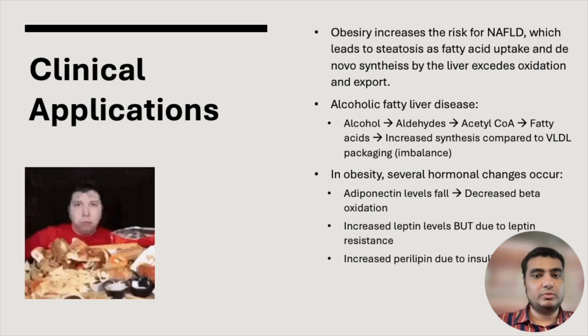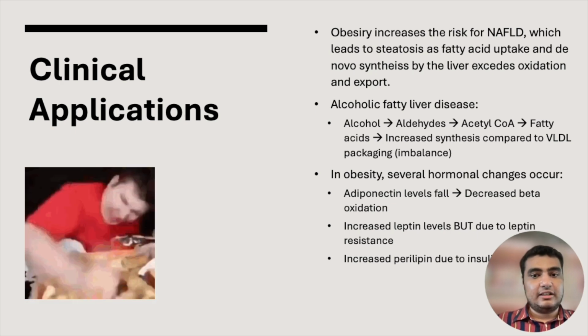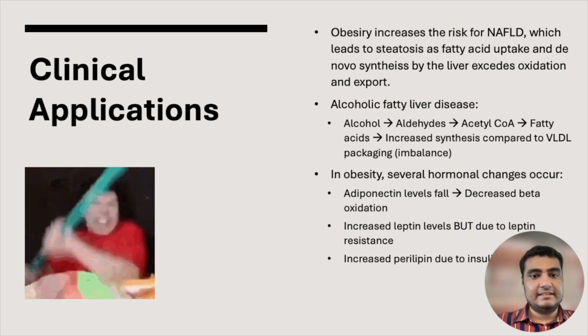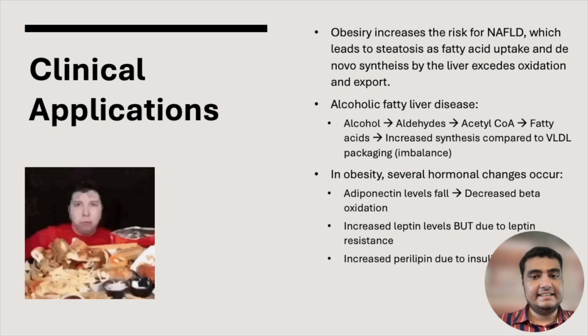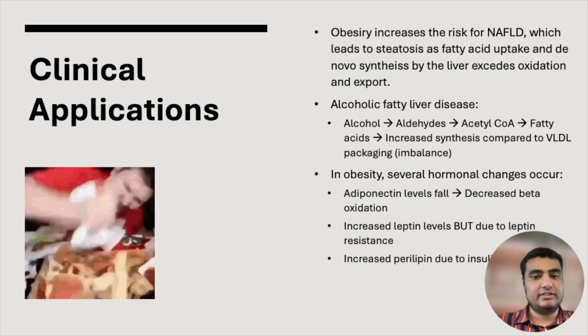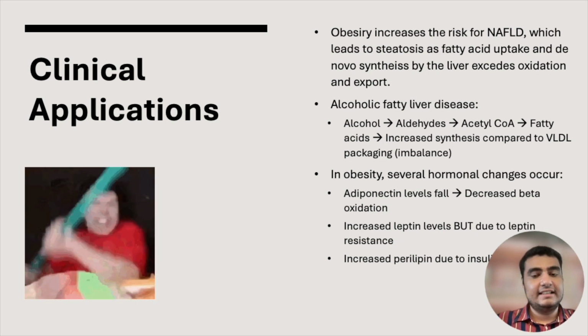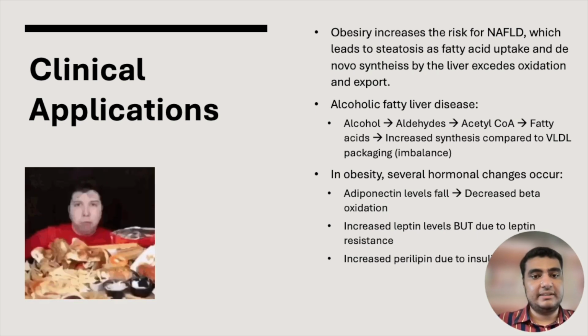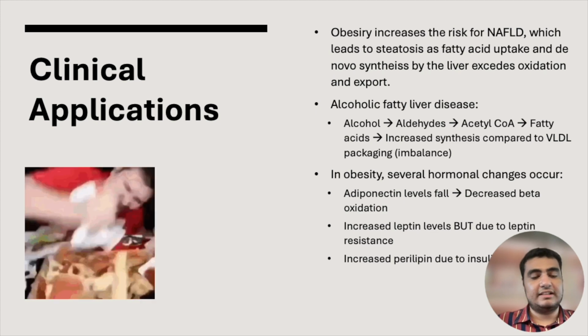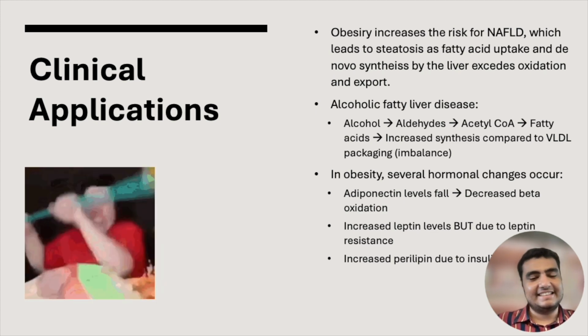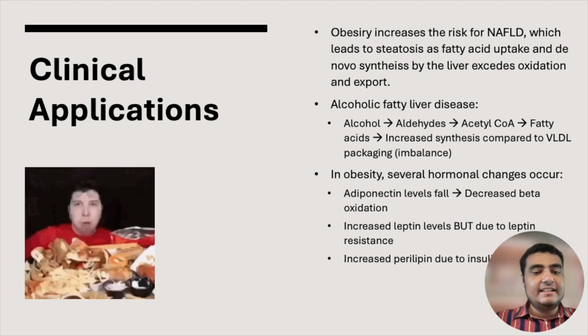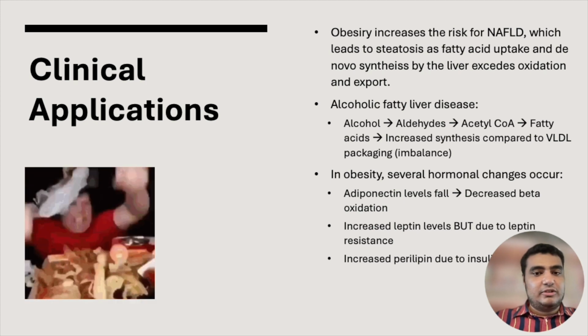And this happens when fatty acid uptake by the liver and synthesis is exceeding the oxidation and export from the liver. So fatty acids accumulate in the liver, and the liver starts to accumulate fat cells, basically adipocytes. Or fat accumulation in the liver, my bad.